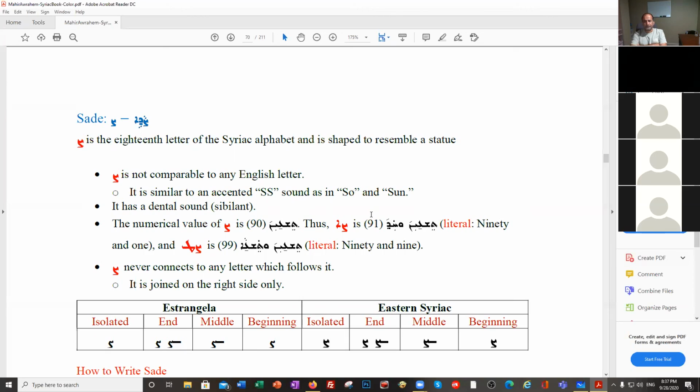The numeric value for sade is 90. Tish-e does not join from the left, so any letter that comes after sade is not going to join to it. Like sade alap, this is how it's going to be. Do you see the space? Because it does not join, it is 91. Sade teth is 99.